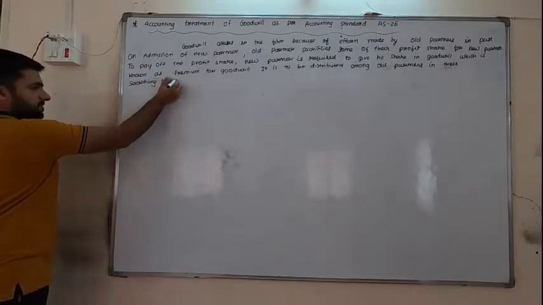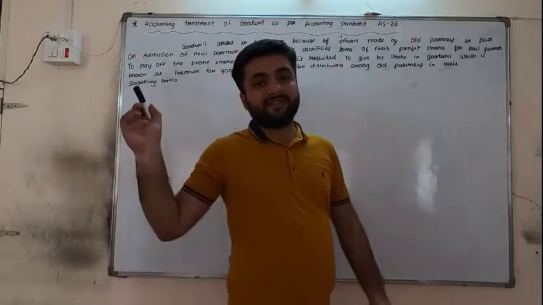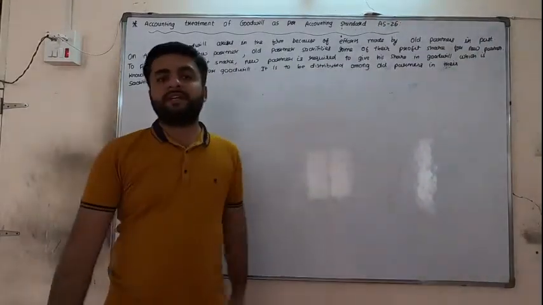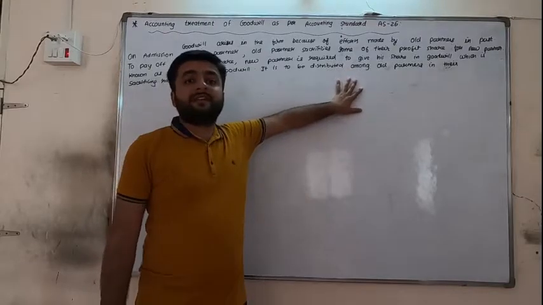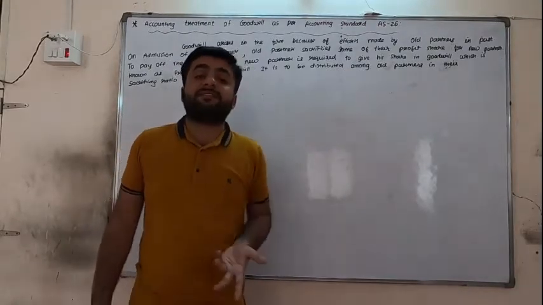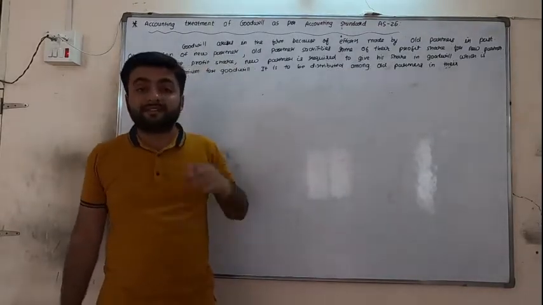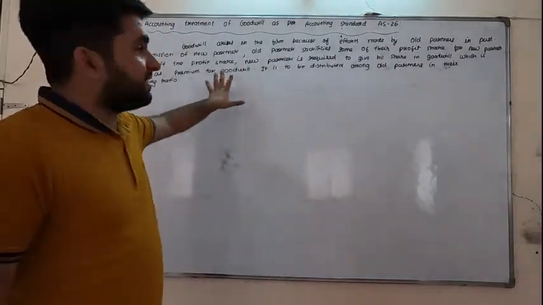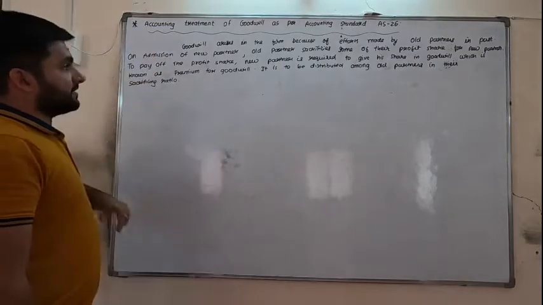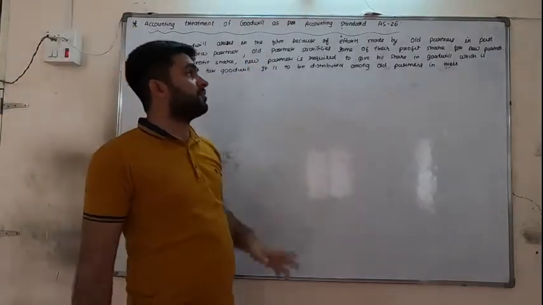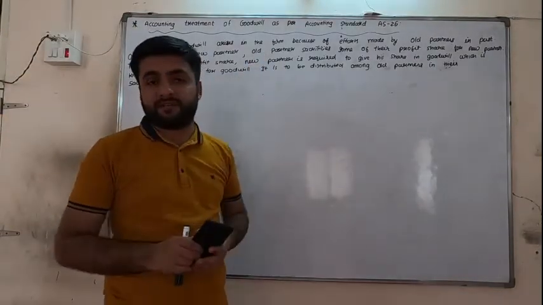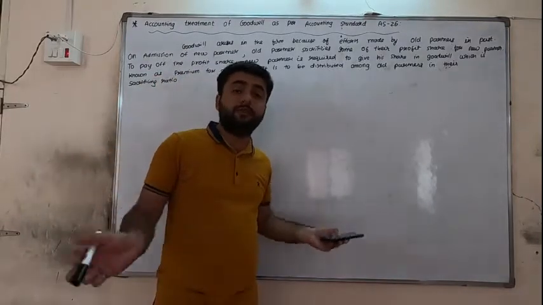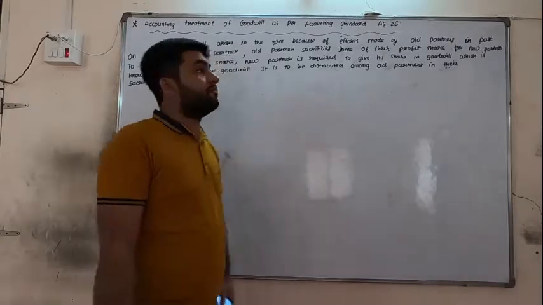sacrificing ratio. So you may be thinking that why sir is writing this paragraph, we are not learning any theory part. I know friends, we are not learning any theory part, but this exactly explains why we are learning this topic of goodwill and what we have to do here. Each and everything is explained in this small paragraph. Goodwill arises because of efforts made by old partners in the past. In the past there were two partners and they have made so much hard work to earn a good profit and to earn a good goodwill.